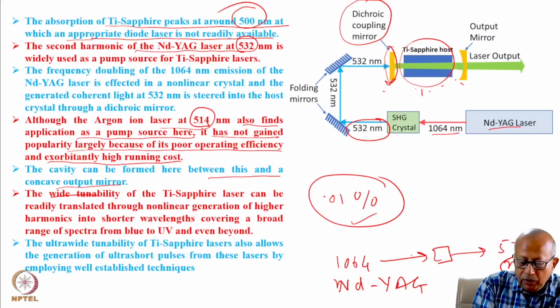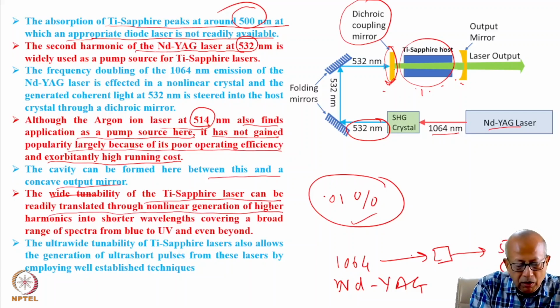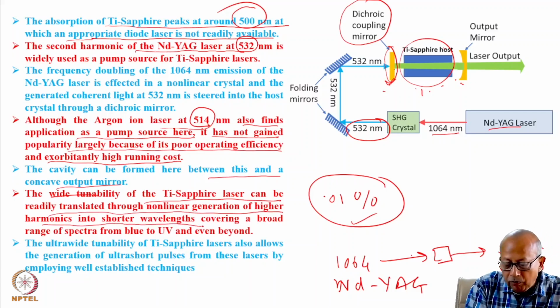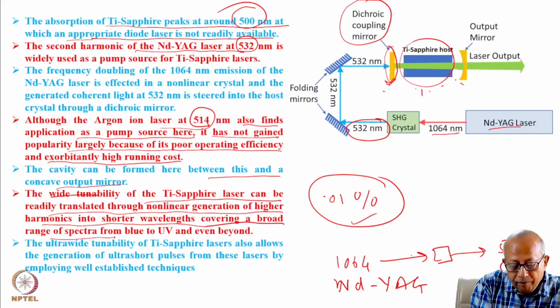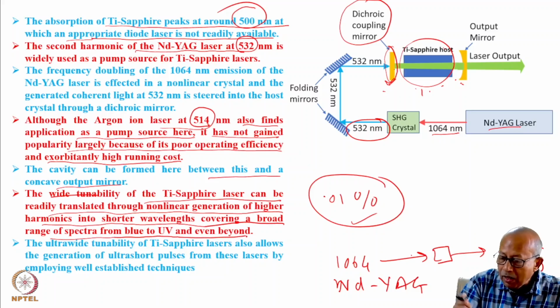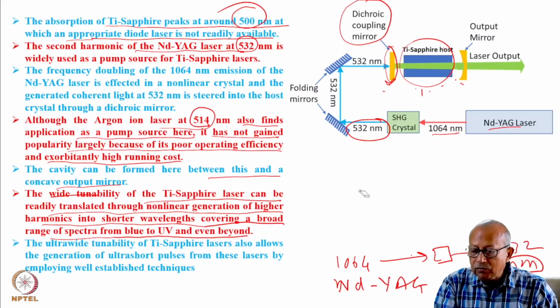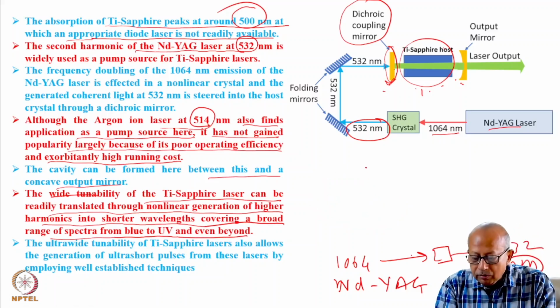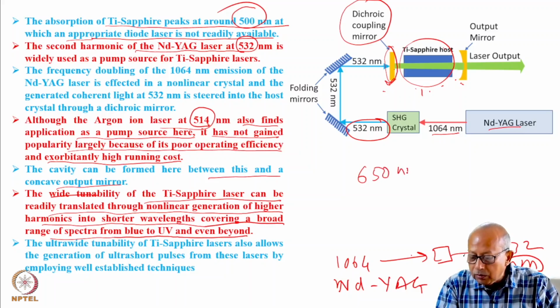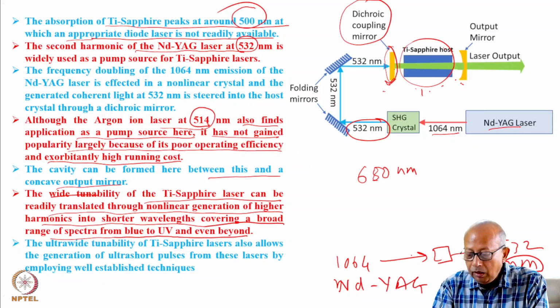Now the wide tunability of the titanium sapphire laser can be readily translated through nonlinear generation of higher harmonics into shorter wavelengths, covering a broad range of spectra from blue to UV and even beyond. For example, if the titanium sapphire works at around 680 nanometer, and you frequency double it by putting a nonlinear crystal, it will be 340 nanometer.